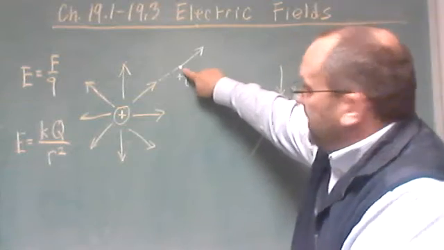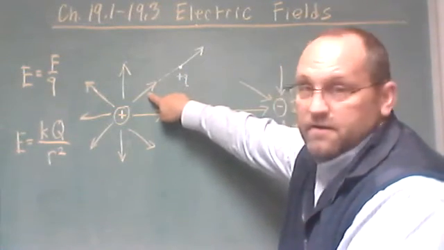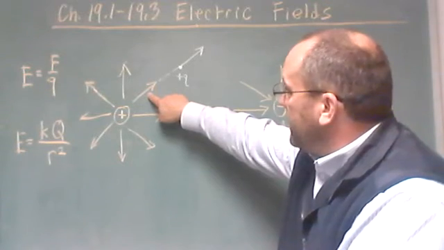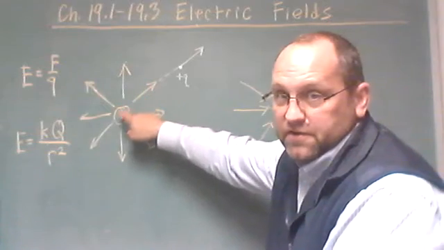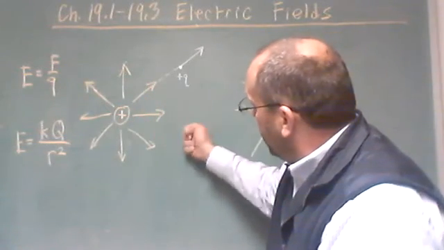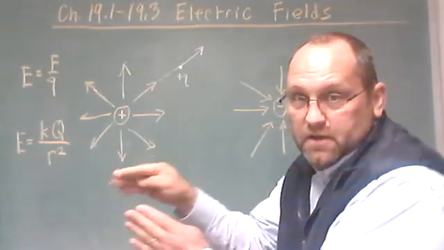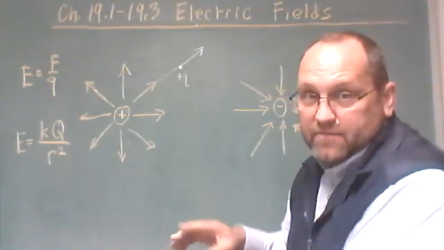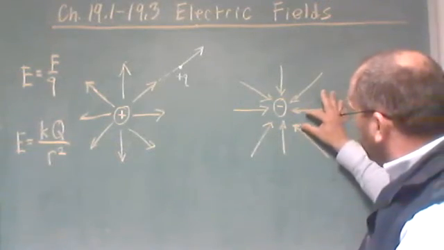this field strength out here is going to be less than it is here. And that's going to be less than it is here. And we notice as we get closer and closer to the object, these field lines get closer and closer together. They scrunch in toward that object. Here, as we get closer to the negative object, these lines get closer and closer together.